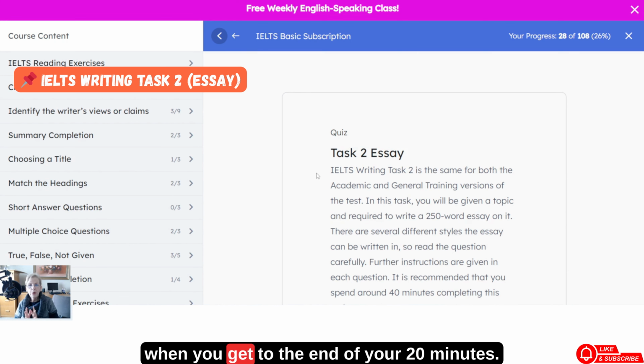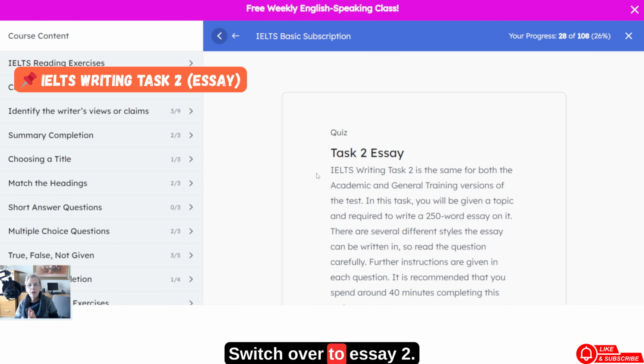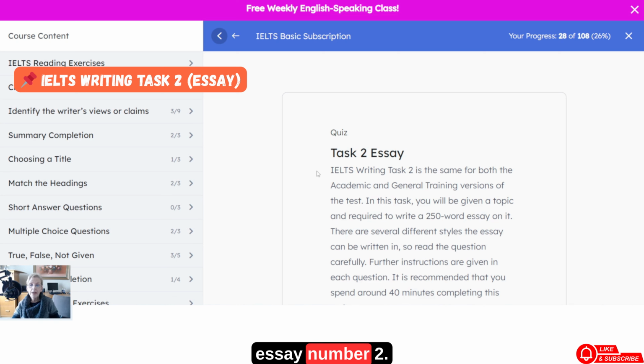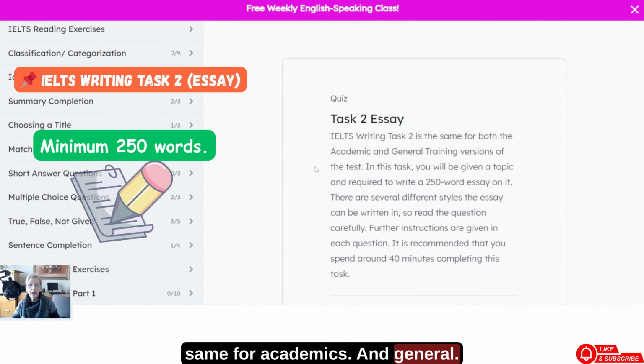Therefore, when you get to the end of your 20 minutes, switch over to essay 2, because you don't want to spend a lot of time continuing on essay 1 and perhaps not have enough time to finish essay number 2. So in essay number 2, the task is the same for academic and general.